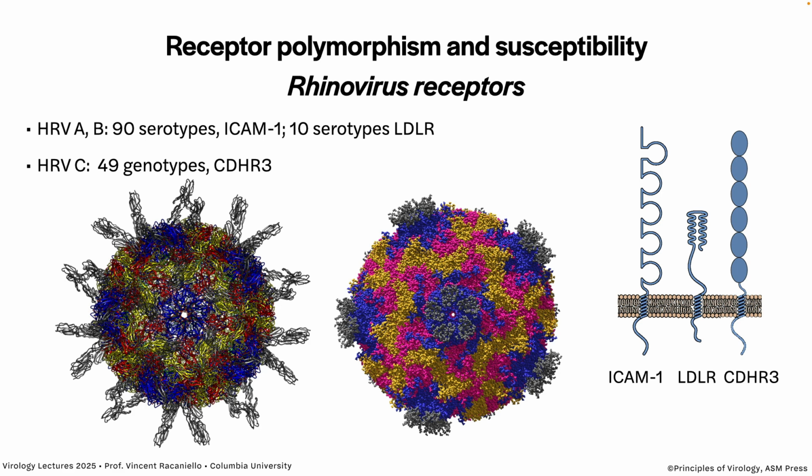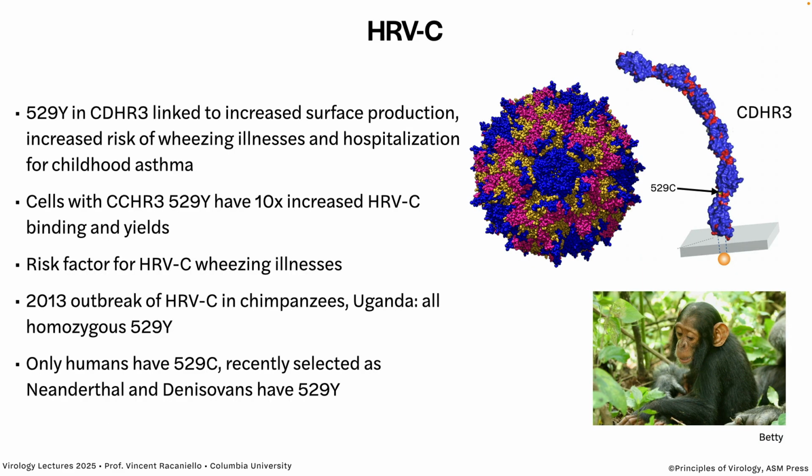So here's ICAM1 bound to rhinovirus, and here's LDLR bound to rhinovirus. The HRV-C viruses bind this molecule, CDHR3, an extended protein, to get into cells.